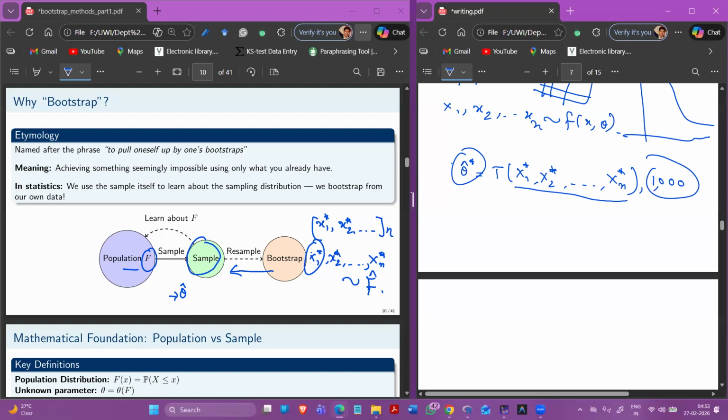So we will repeat it 1000 times, and it will give us theta 1 star, theta 2 star, up to theta 1000 star. And this approximates the sampling distribution of theta cap. After that, there is one important thing: learning about F. What is it basically?